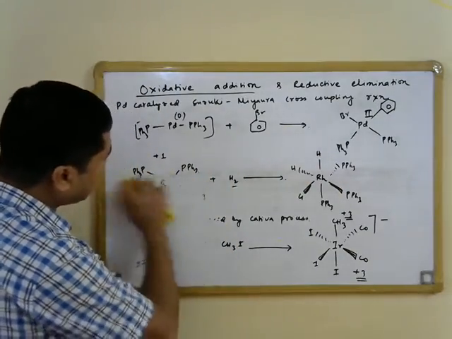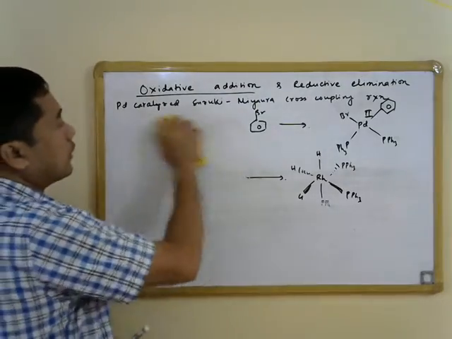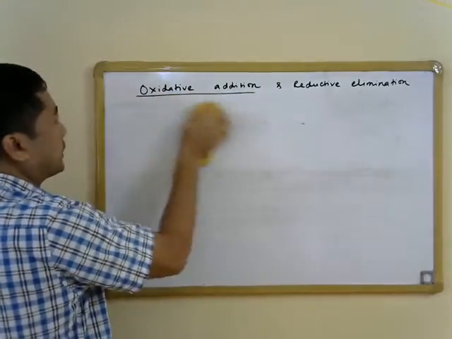That is, we have seen that in all cases the coordination number of the metal center increases by 2 units.